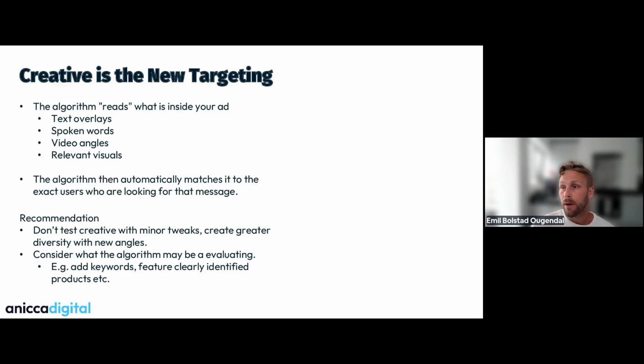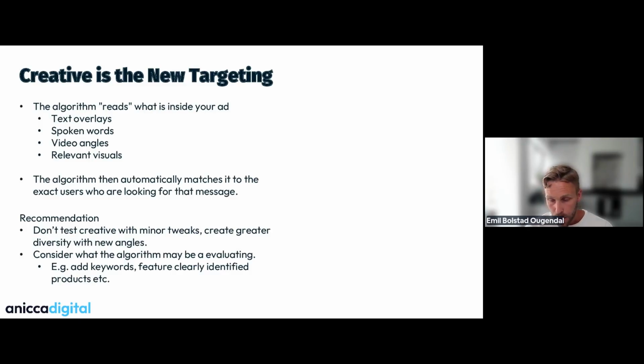So that could be a reason why targeting by description has potentially been removed, because the new algorithm now uses your creative to target new users. Essentially, the algorithm reads what's inside your ads: any text overlays, any keywords, and if you've got voiceover, it analyzes the speech, all the angles within your videos, what you might be focusing on, relevant visuals within there.